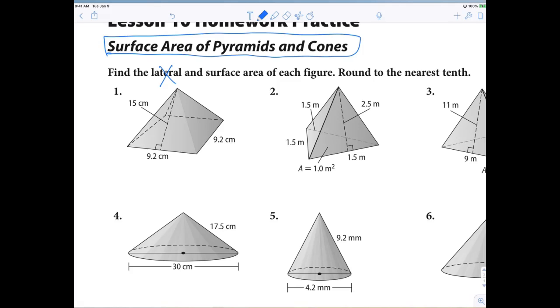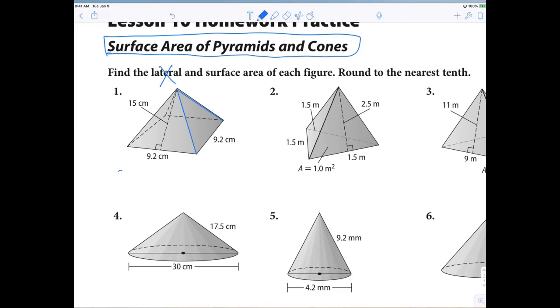Now I want everybody to look at the triangles. What's true about the triangles of a pyramid? They're all going to be the same. In this case, how many triangles are there? 4.